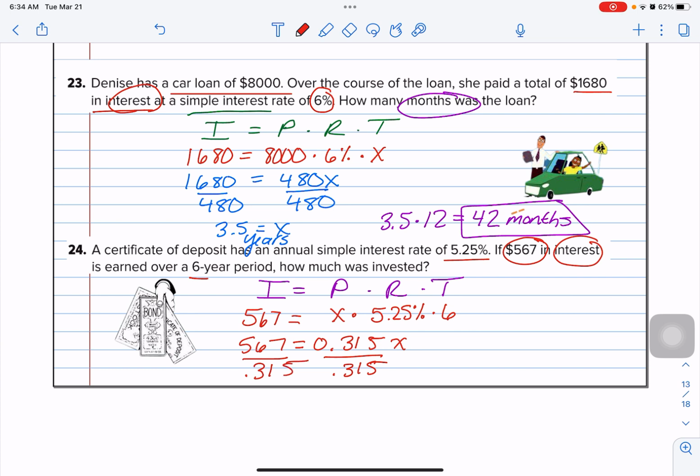And remember, of all the numbers, the principal is going to be the biggest one because that's the amount you initially put in. So you're going to find I get an answer of $1,800 for x, or the amount I invested, the principal amount was $1,800. Again, I can check that by doing 1,800 times 5.25% times 6. And I got 567, so I'm correct.